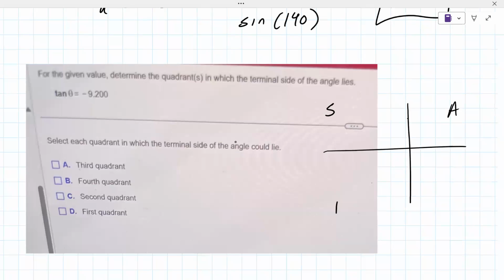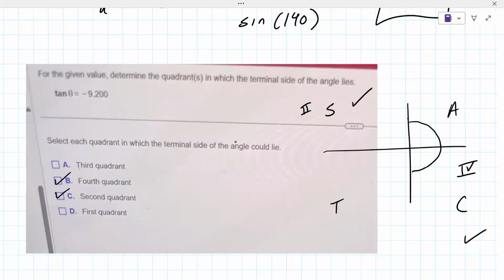A, S, T, C. The tangent is negative in the second and the fourth quadrant. And the problem is when you use your calculator, it just gives you the tan inverse, which is only valid in the first and the fourth. So you wouldn't necessarily know this. That's why you've got to know your thing here. So second and fourth.